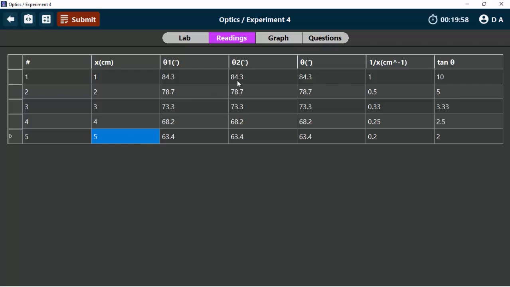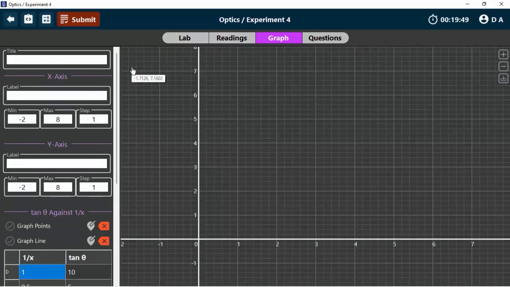So the next thing to do is to plot your graph. This time around, we are plotting a graph of tan theta against 1 over x. So let's go to the graph section. Making a good graph is very important because it carries a lot of marks. So it's very important you know how to make a good graph.